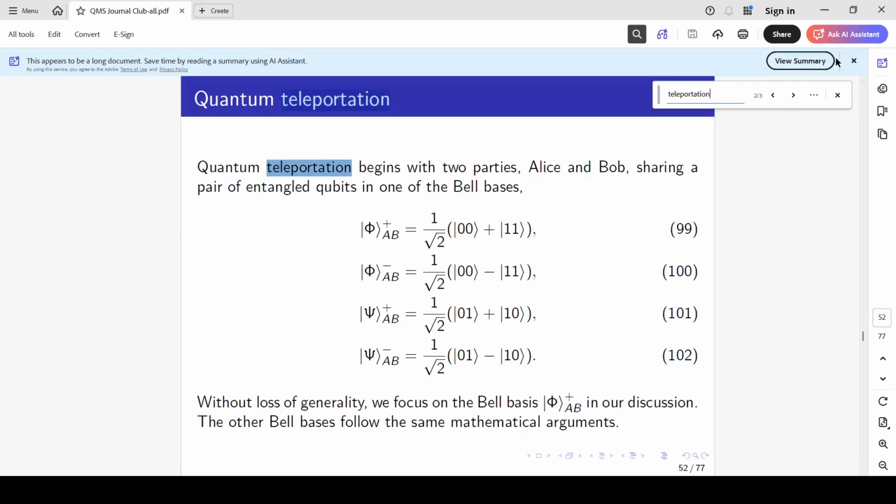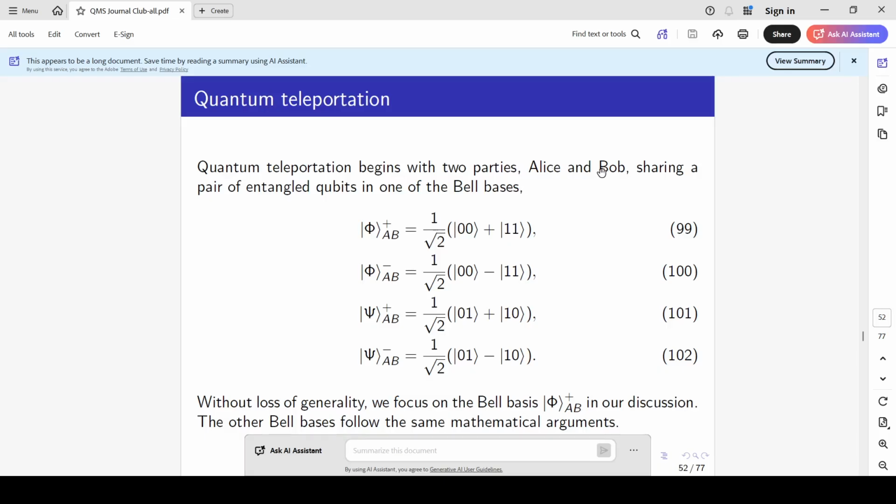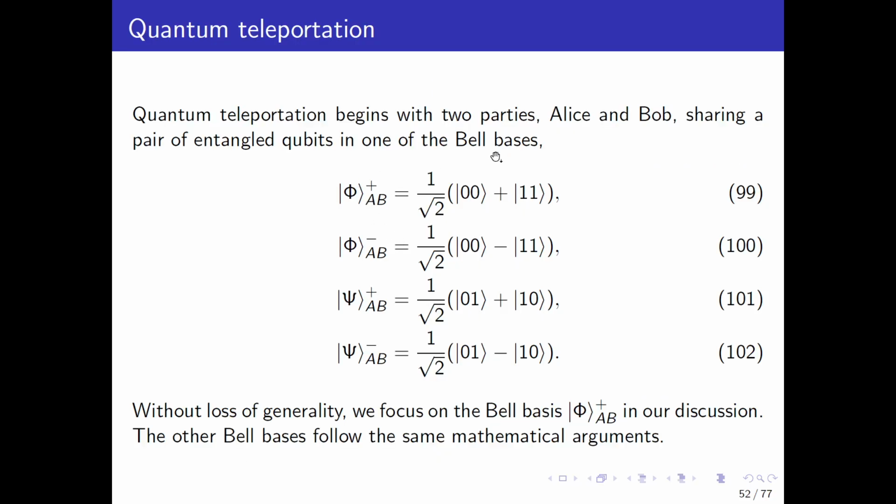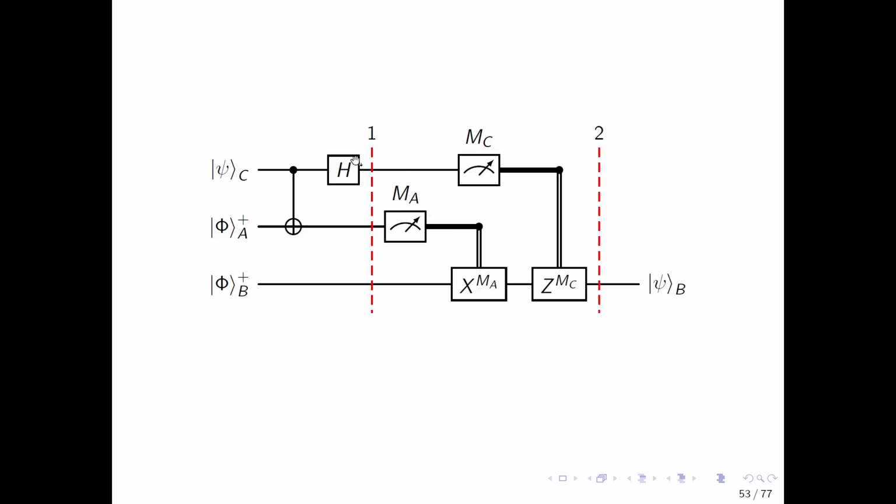If you look at quantum teleportation again, you begin with some entangled states between Alice and Bob. Then Alice stays at one point and Bob goes to another place. Alice performs some operation between the qubits that Alice has.